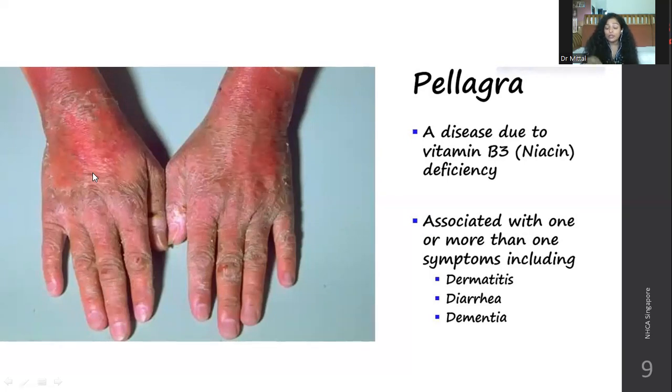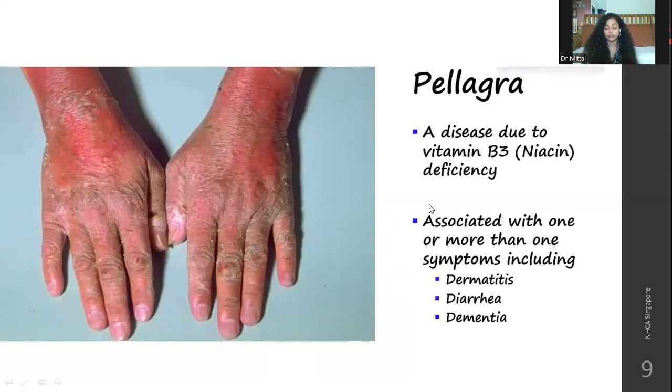So it could be these three symptoms and plus more. Plus more, that is pellagra. Dermatitis, diarrhea, and dementia. So these three could be there, plus more symptoms can also be there in pellagra.